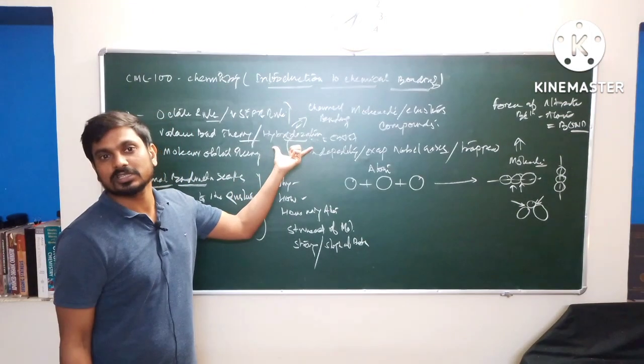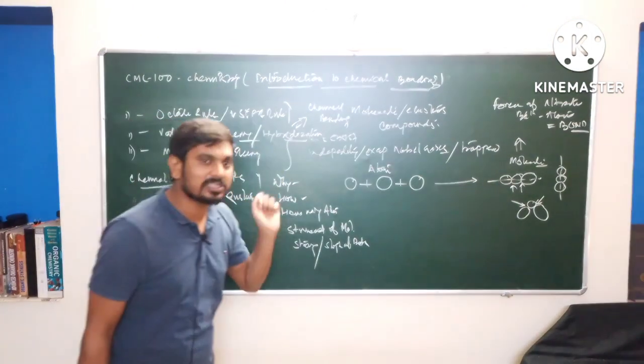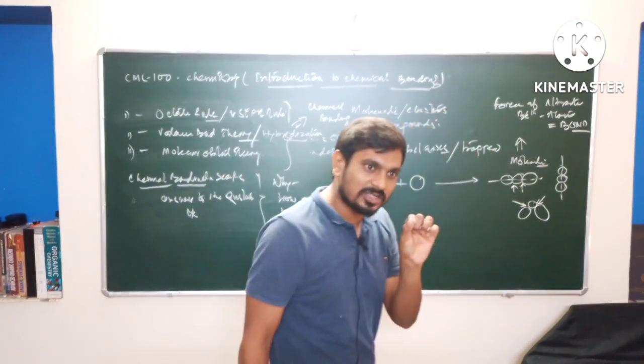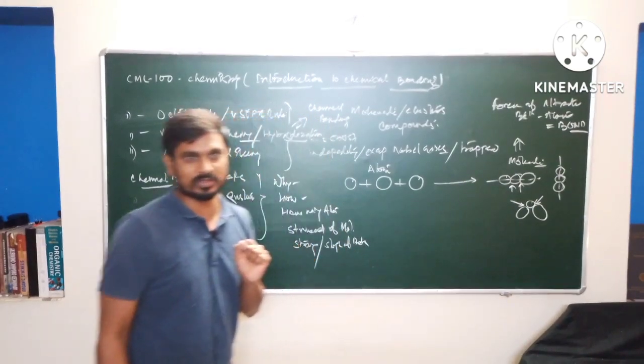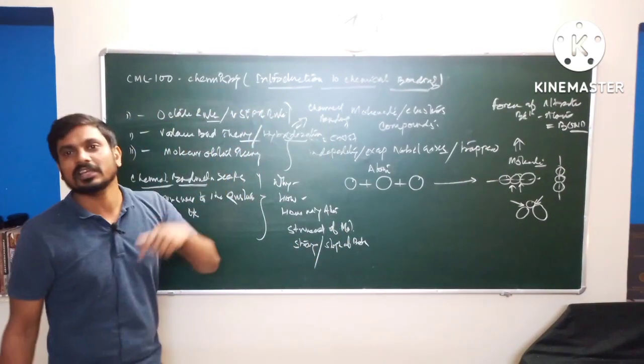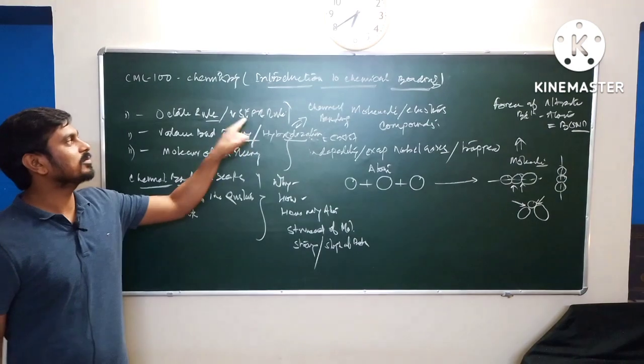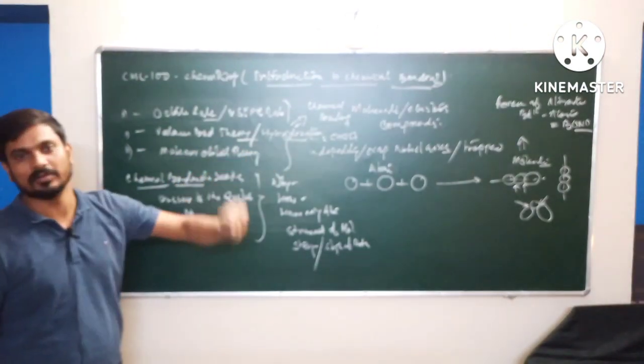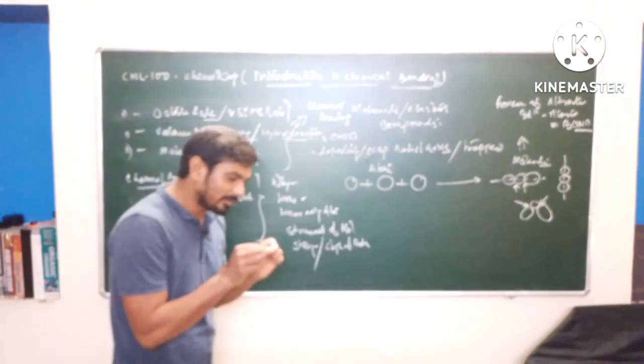So hybridization is a very important thing. But hybridization itself is not completely able to predict the structure of a molecule once they get combined. So that's why we need an extra rule, and that rule is the VSEPR rule. This rule helps the hybridization theorist give a complete picture of the molecule.